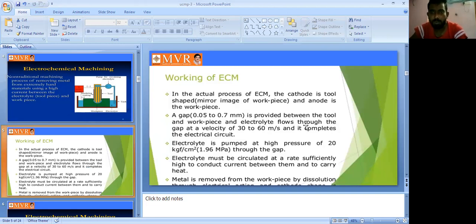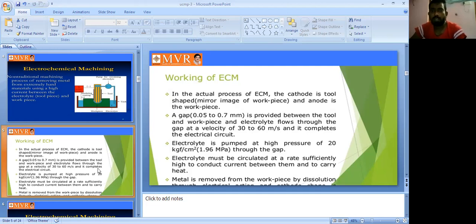The electrolyte flows through the gap at a velocity of 30 to 60 meters per second, and it completes the electrical circuit. The electrolyte is pumped at a high pressure of 20 kgf per square centimeter, 1.96 megapascal, to the gap.